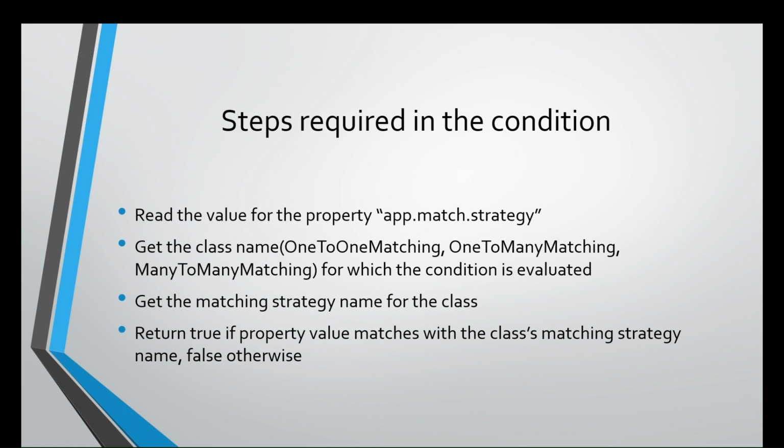And then we are going to compare the property value with the matching strategy name that we have got for the class. If both are matching, then the condition would return true, otherwise it would be false.